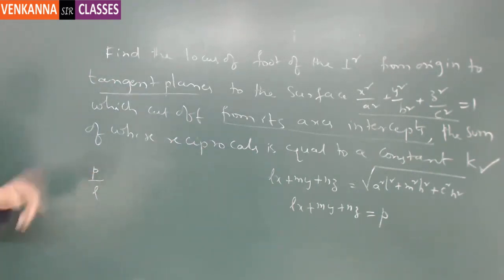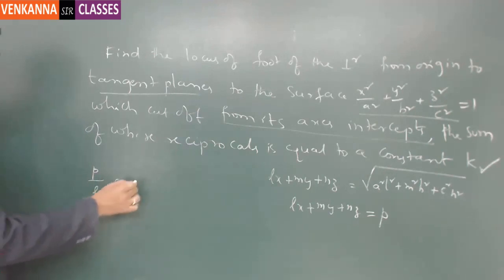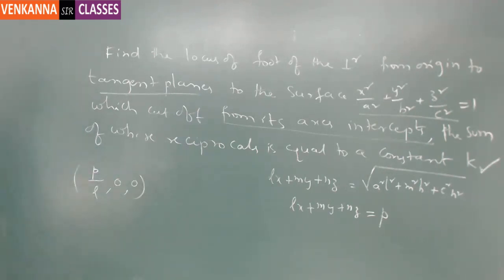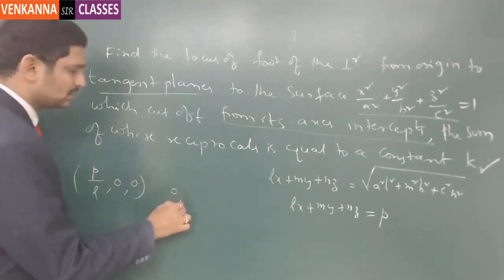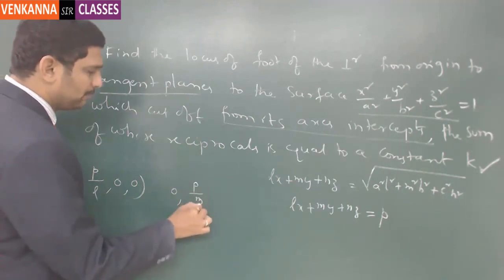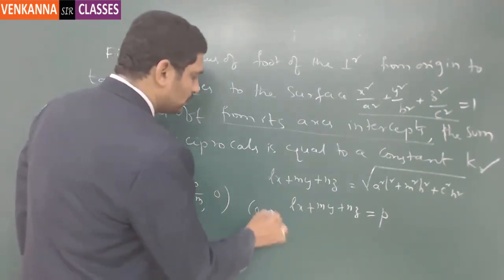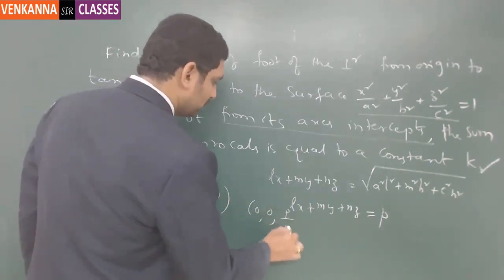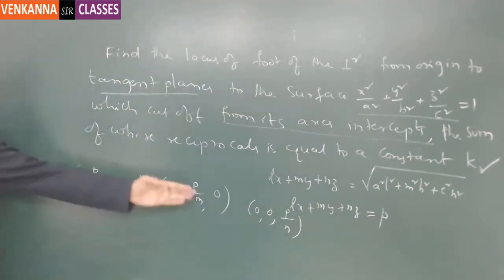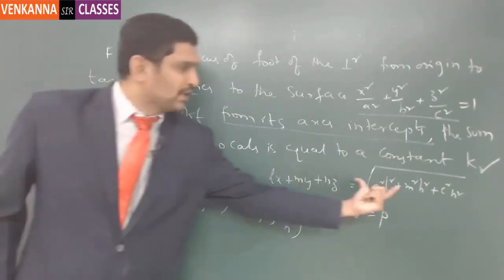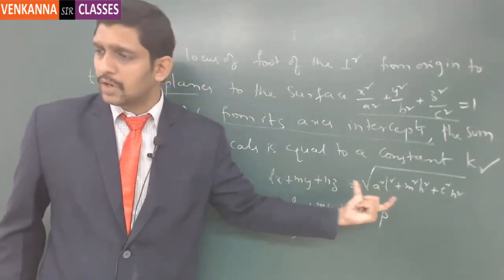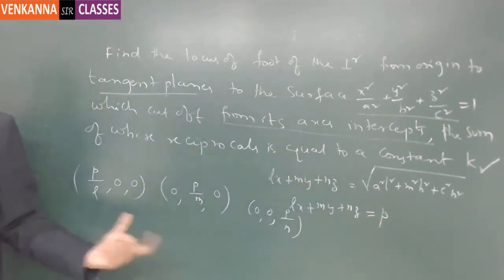So (p/l, 0, 0). All of you agree for that point? Right. So the y-intercept is nothing but (0, p/m, 0), and the z-intercept is nothing but (0, 0, p/n). So here p is nothing but the square root of this value. You got the point now? How the intercepts come?